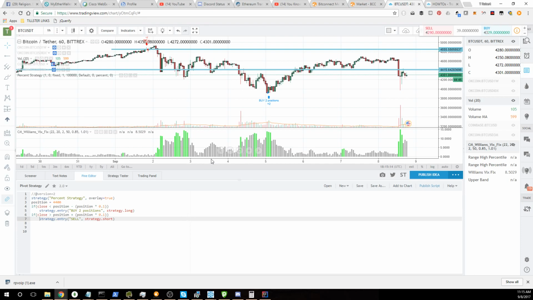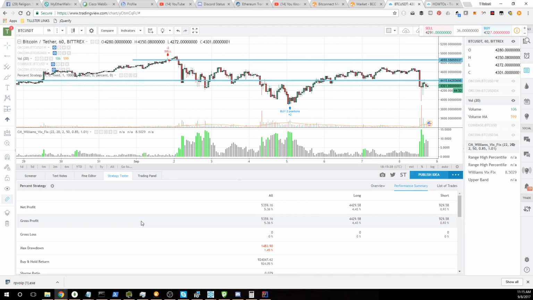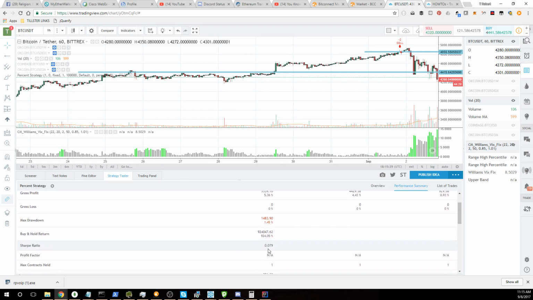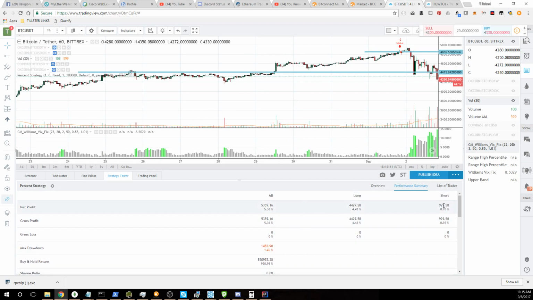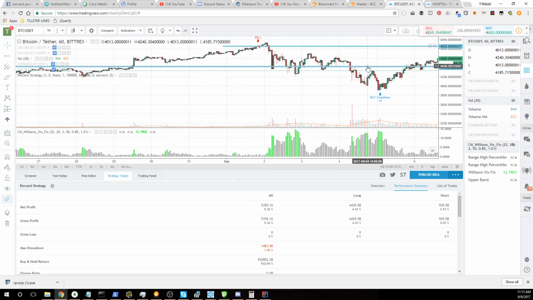Now, here's the really cool part about all of this: once we have automated the buying and selling according to our strategy, we can come over here to the strategy tester, and the strategy tester will do the automated buying and selling for us in the past. And it will tell us what our actual performance on the strategy would have been if we had historically been trading the strategy.